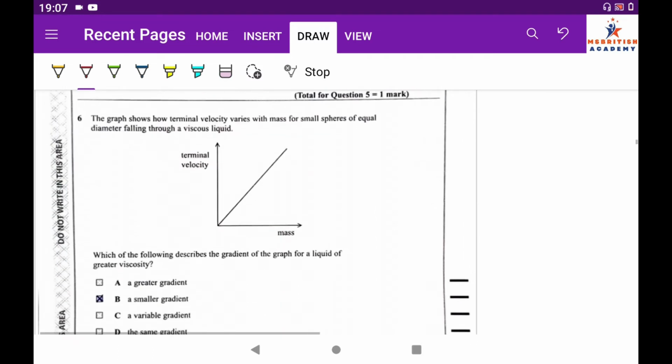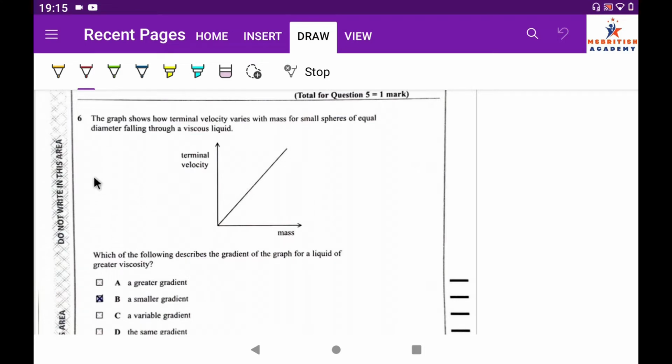Now question number 6. The graph shows how terminal velocity varies with mass for small spheres of equal diameters falling through a viscous liquid. Which of the following describes the gradient of the graph for a liquid of greater viscosity?